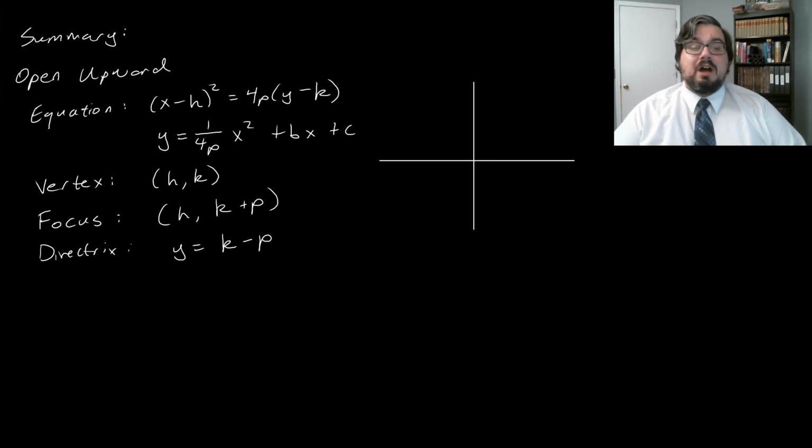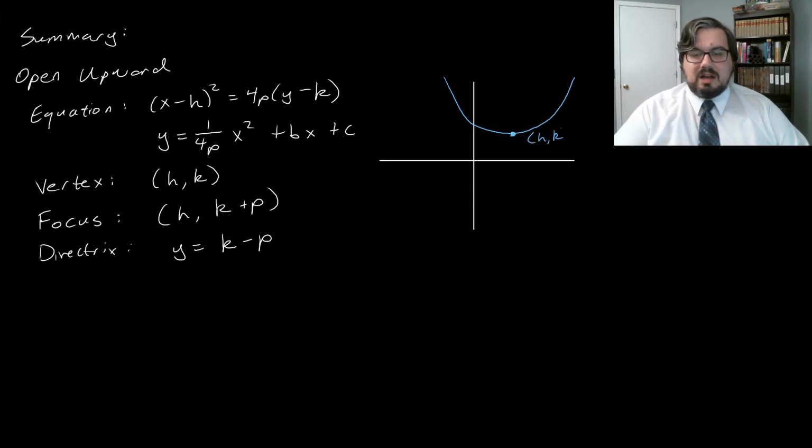So if p is positive, we open upwards; we open downwards if p is negative. So the general picture of what's going on in this case is the following. We have our vertex at h comma k. We have our focus at the point h comma k plus p. And then we have our directrix at y equals k minus p.